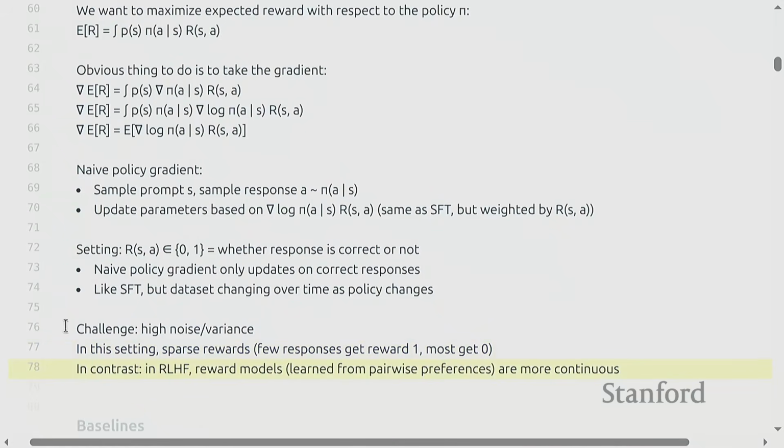Okay, so this is in contrast to reinforcement learning with human feedback, where you use pairwise preferences, you estimate a reward model, and the reward model is generally a bit more continuous. It's going to assign essentially a numerical value to every response, how good it is. This is quite different from the verifiable reward setting where it's correct or incorrect.